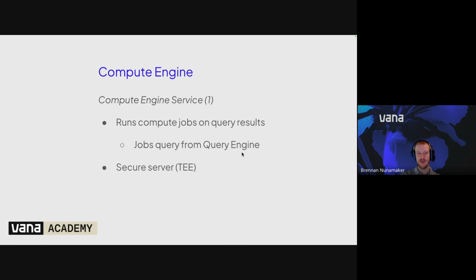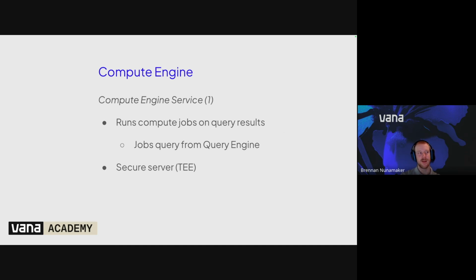And the final piece to the compute engine, I know this is a lot of information, I'm sorry, but I hope everyone can follow along. The final piece is the compute engine service, which runs the compute jobs on the query results, where the jobs themselves from inside of the compute engine TEE query the query engine TEE for the query results that can then be integrated into whatever artifacts they're trying to produce.